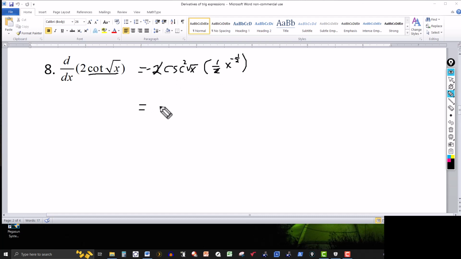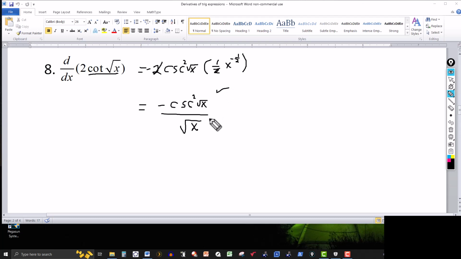That's just going to leave me with a negative. So this will be then a negative cosecant squared of the square root of x. And then I got x to the negative 1/2. That'll go to the denominator and become a positive exponent. So this will be x to the 1/2, which is the same thing as the square root of x. And this is really your answer. So we can leave it this way.